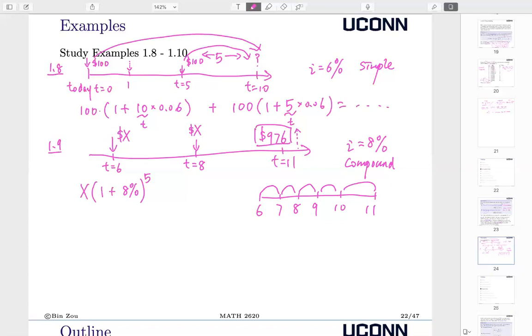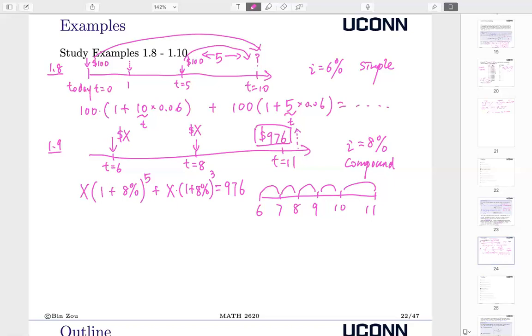The second deposit accumulates at the same 8%, but now I only have 3 years. At the end this is 976, because what I'm doing is converting the amount of money from different times to the same time, which is 11 years.